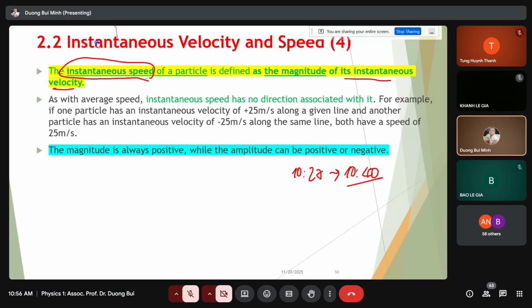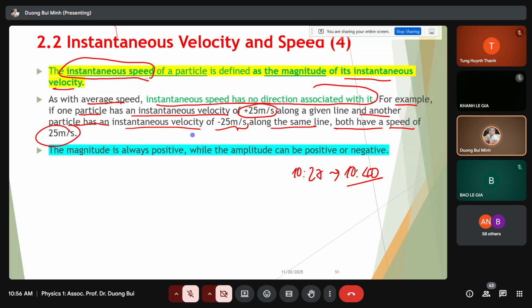As with average speed, instantaneous speed has no direction associated with it. As I mentioned before, for example, if one particle has an instantaneous velocity of positive 25 meters per second along a given line, and another particle has an instantaneous velocity of minus 25 meters per second along the same line, both of them have the same speed, 25 meters per second.